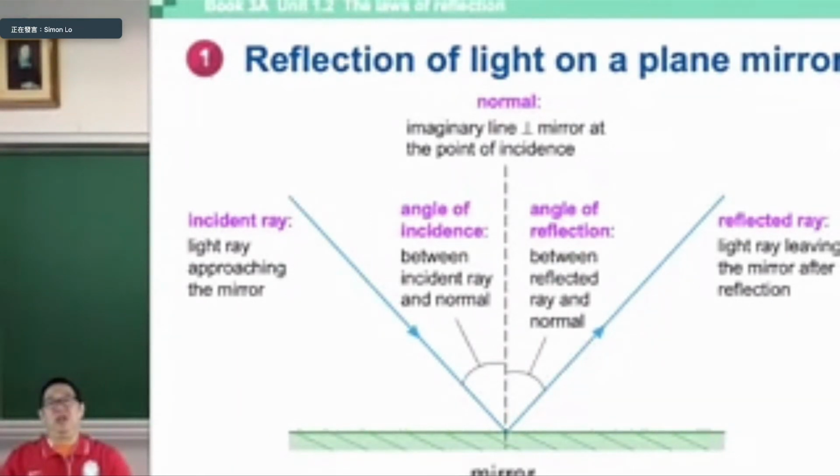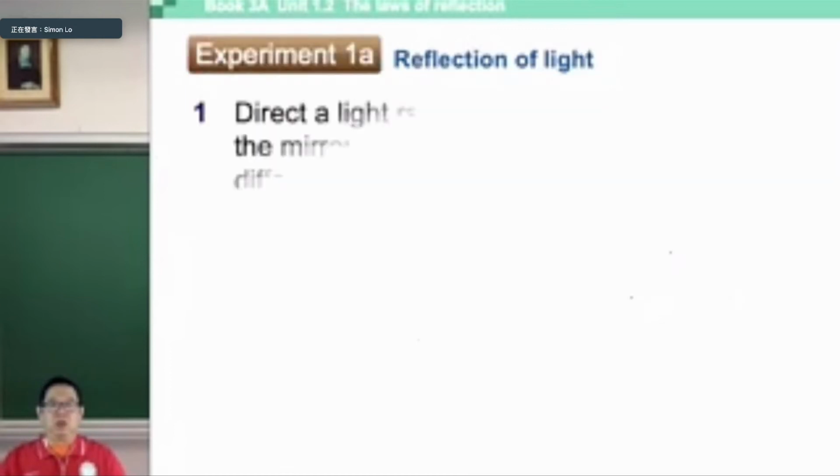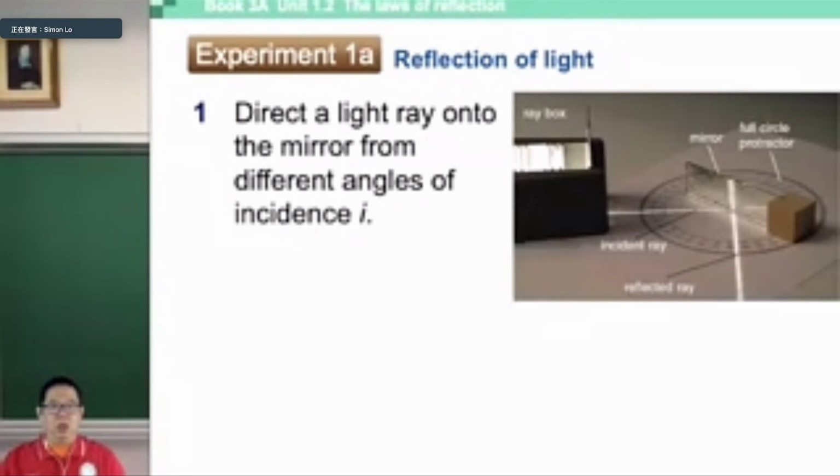After we define these terms, it is quite easy to give you the first physics principle for reflection, what we call the laws of reflection. But before that, we can do an experiment to find it before we give a conclusion.